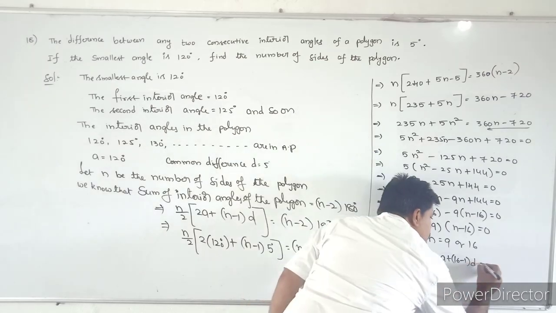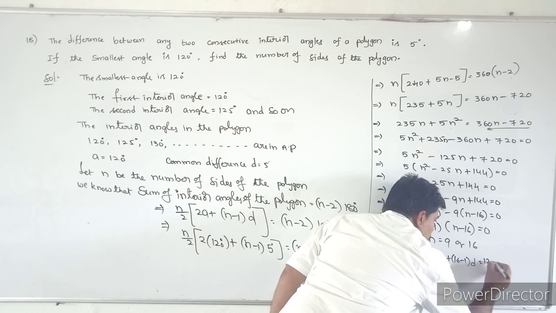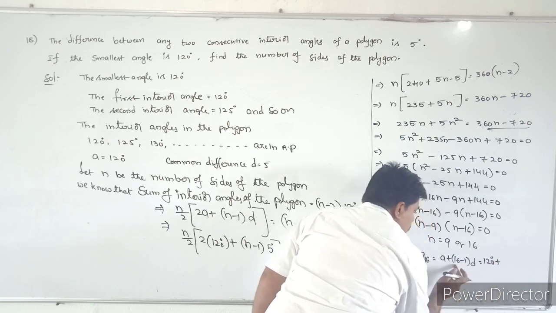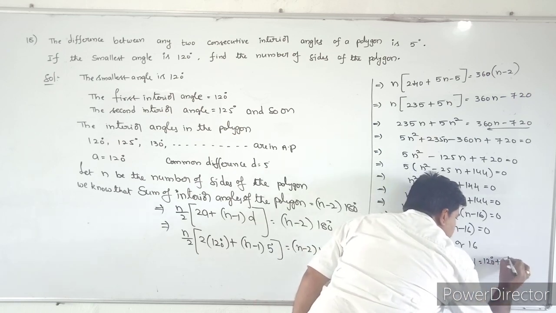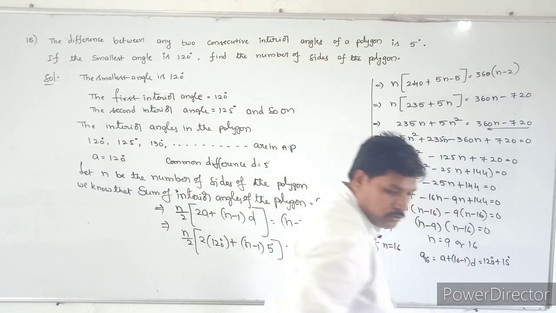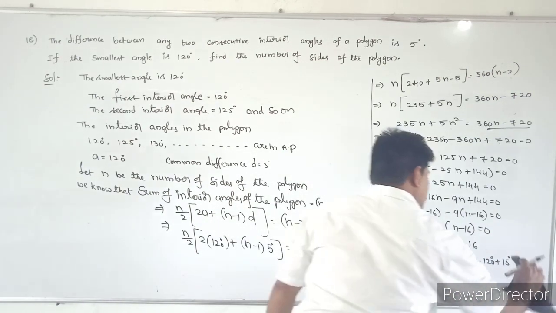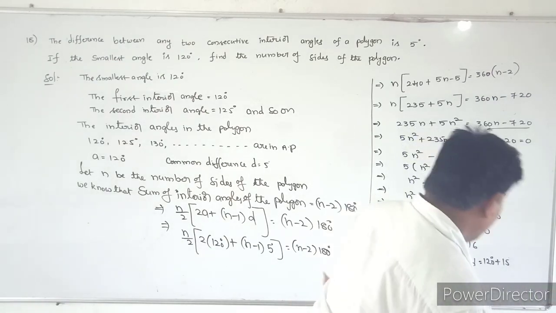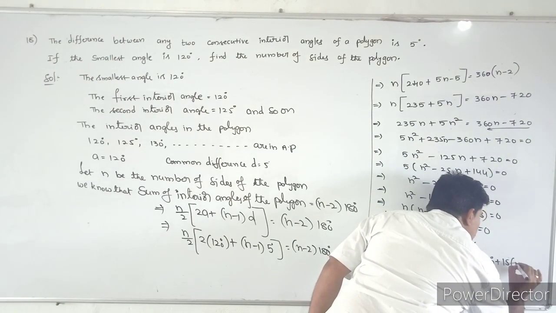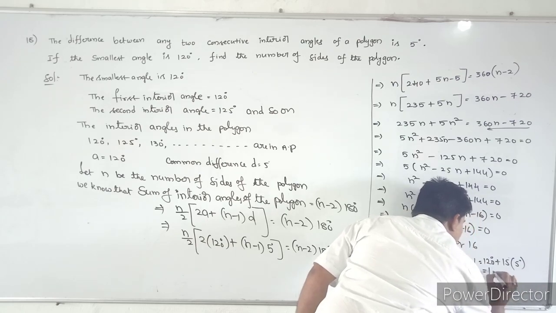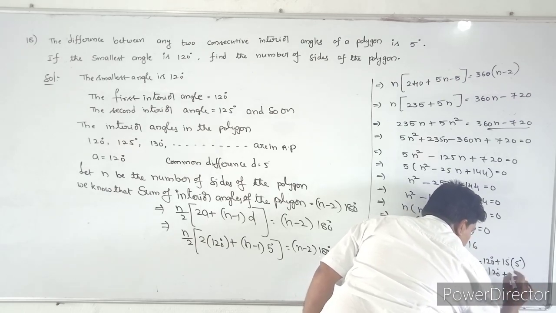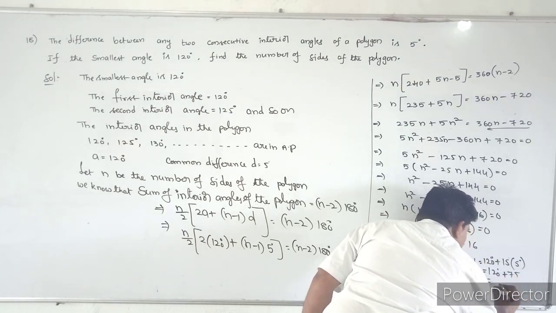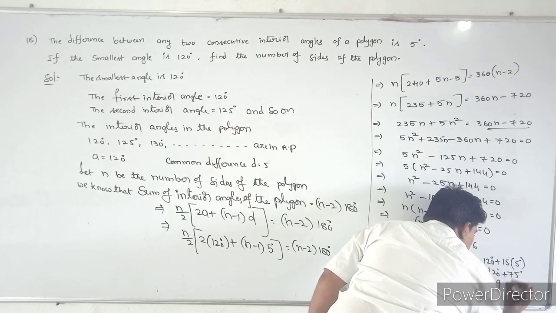So what is this value? A value is 120 degrees plus 15 into d. D value is 5 degrees. So that is nothing but 120 degrees plus 75 degrees, that is nothing but 195 degrees.